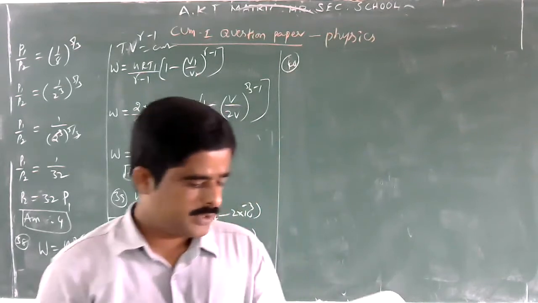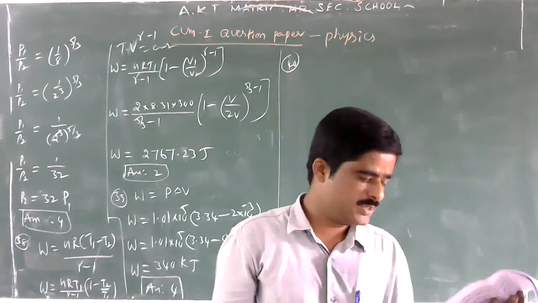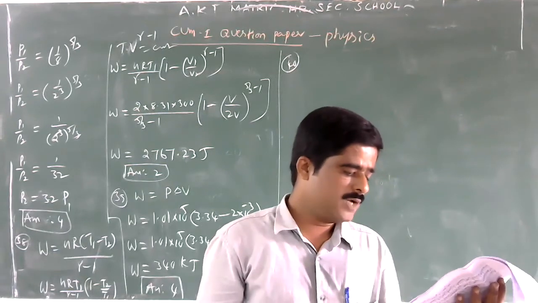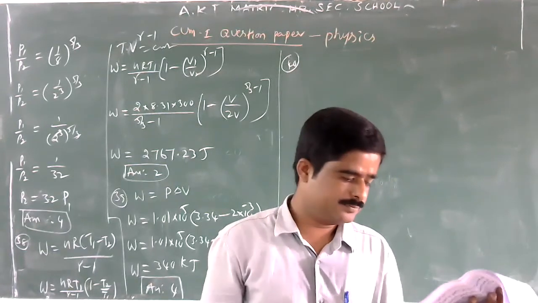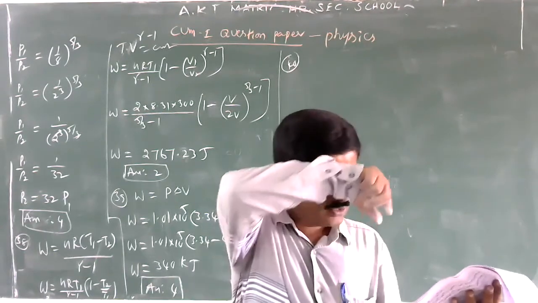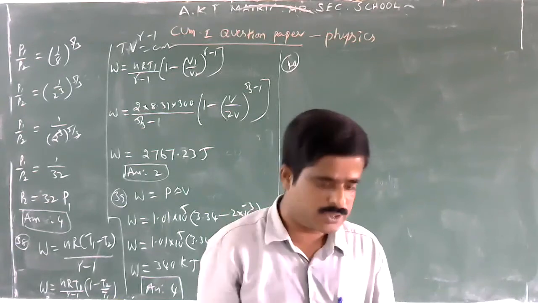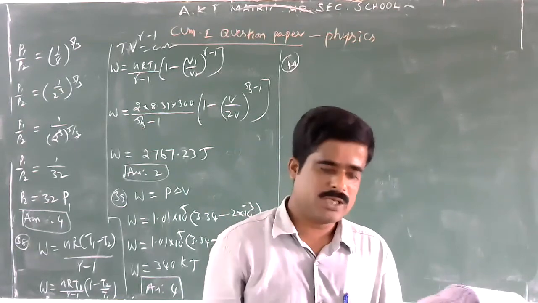An ideal heat engine exhausting heat at 77 degrees Celsius is to have 30% efficiency. It must take heat at what temperature? Exhausting heat means the heat energy rejected to the sink is given, and efficiency is also given.